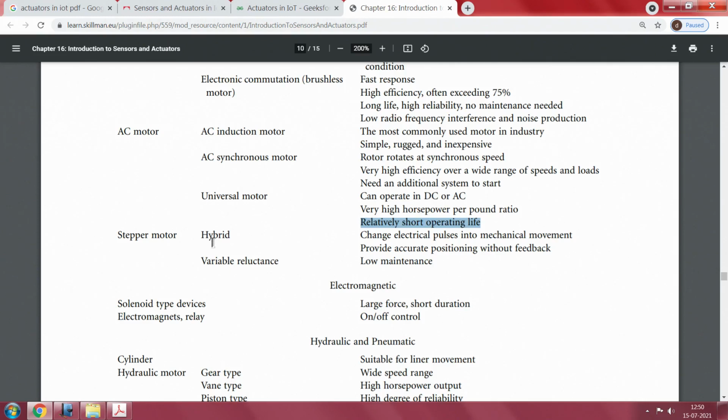I am talking of two decades back. Floppy disk drives and dot matrix printers all had step motor drives, so step motors are quite common. In fact, nowadays 3D printers have step motors inside them for very precise movement.